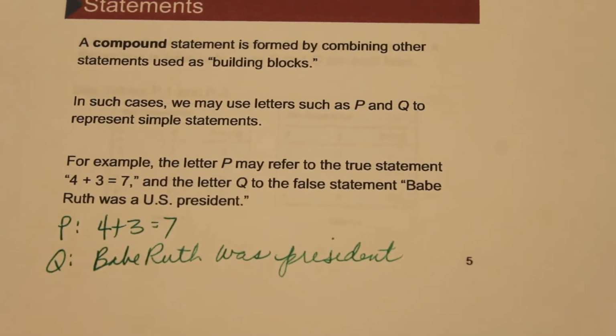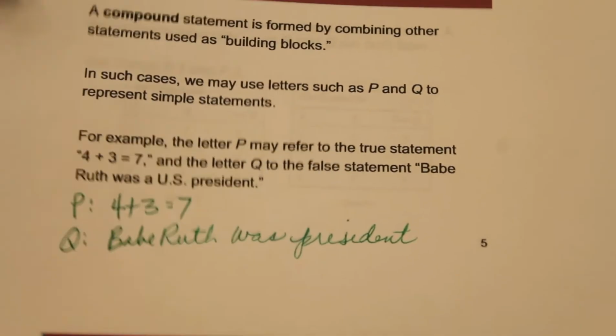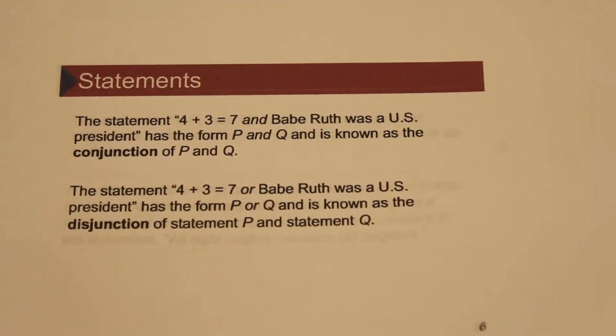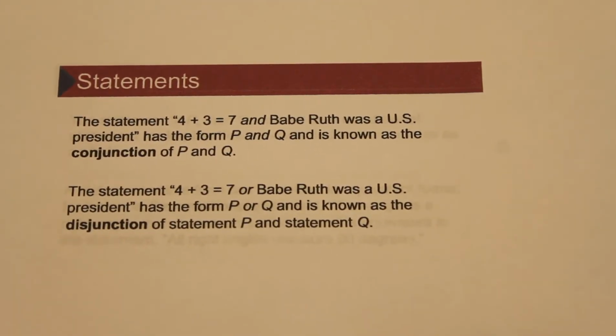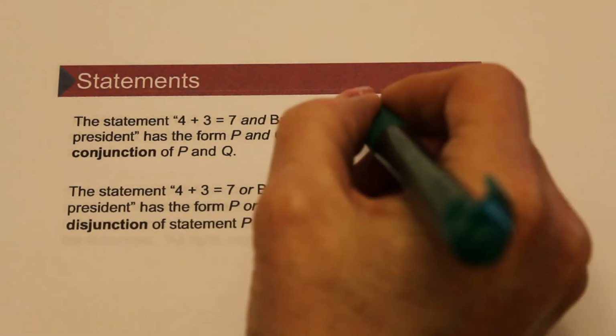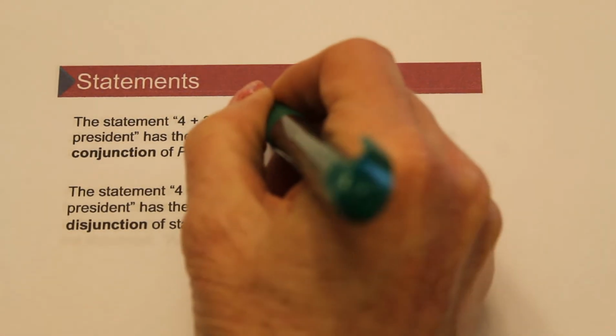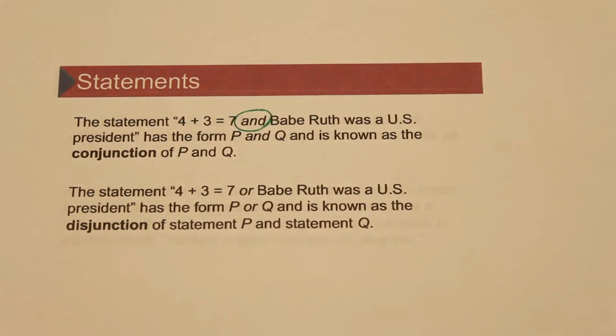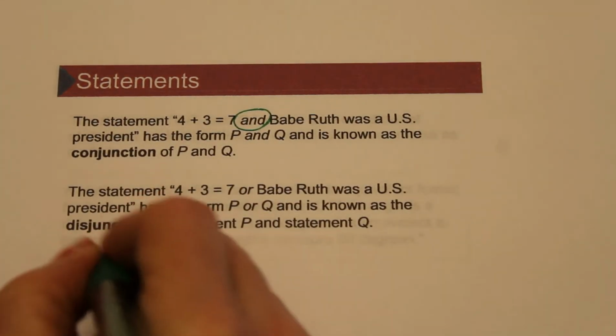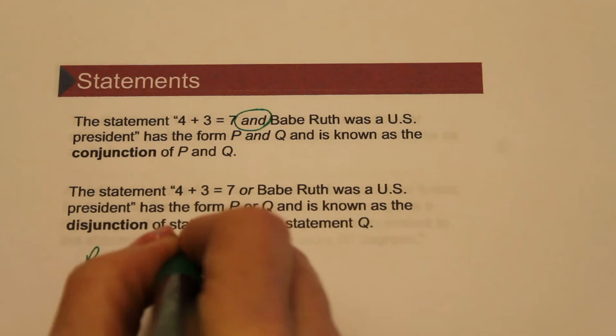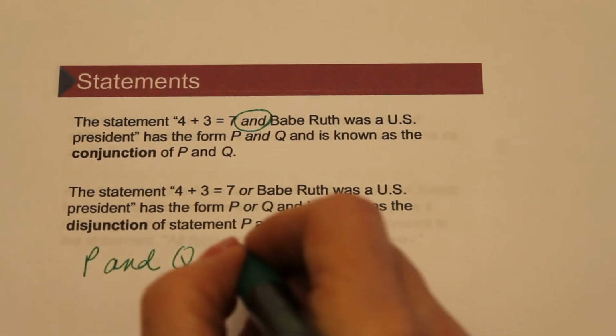How could we put those together? Well, we can put them together as a conjunction or a disjunction. A conjunction will have an and: P and Q. That's your conjunction.